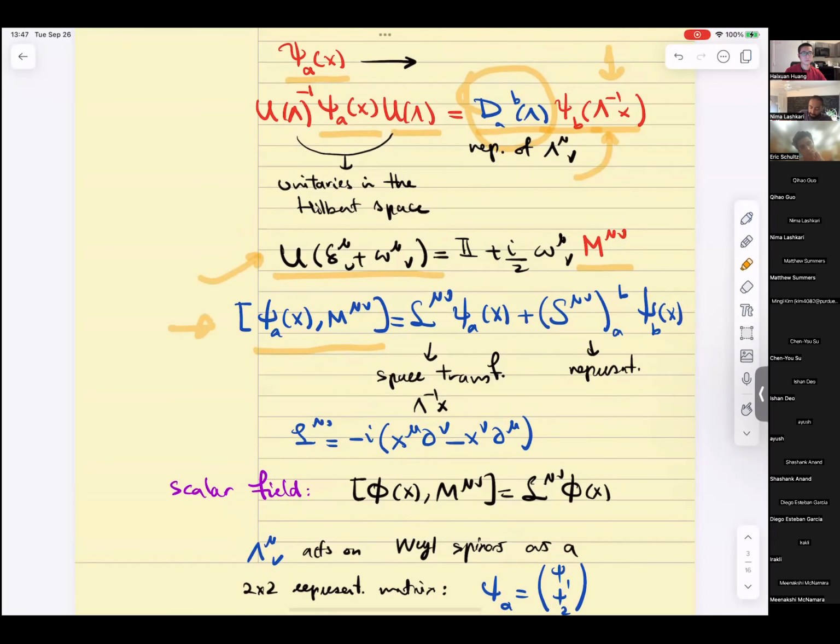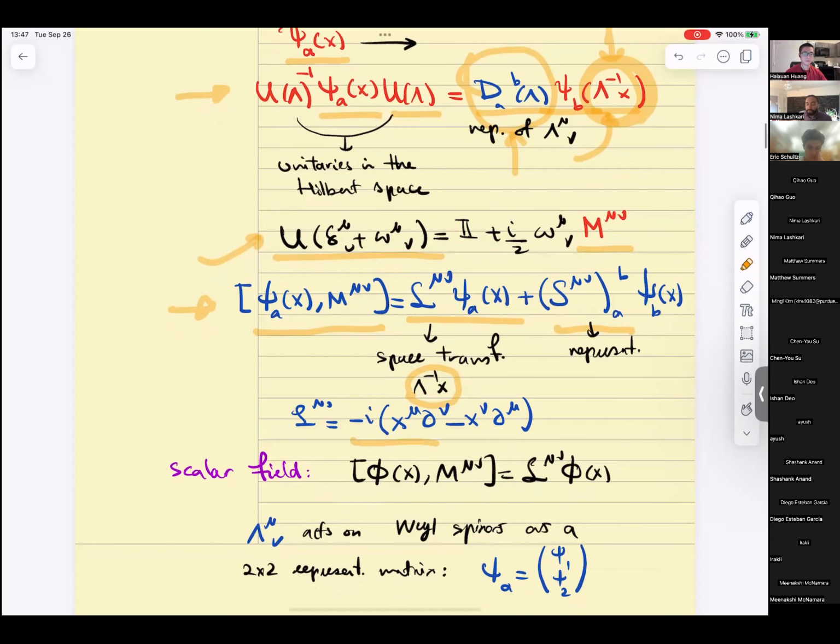This equation is an infinitesimal version of this equation. There will be the part that comes from the representation, and the part that comes from the spatial part, with x going to Λ^{-1}x, which is generated using this differential operator.